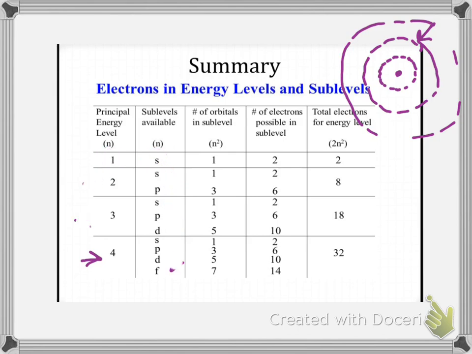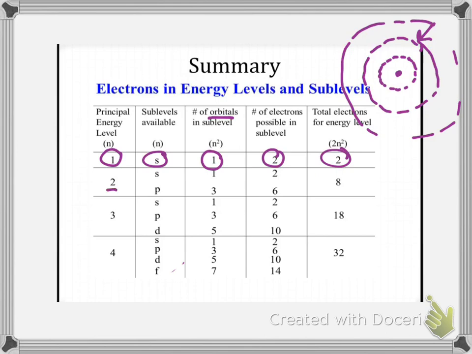Now, let's look at the next column here. In the first energy level, we only have S. It's asking you here how many orbitals. S has only 1 orbital. Total possible number of electrons is 2. Total electrons in this energy level is 2. Second energy level.